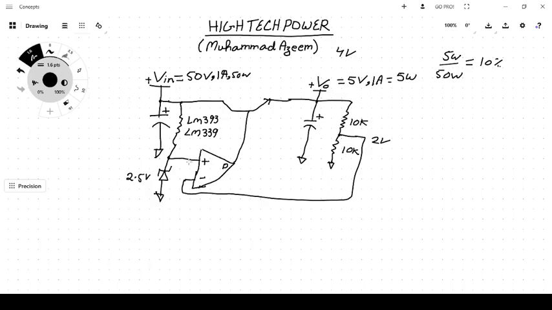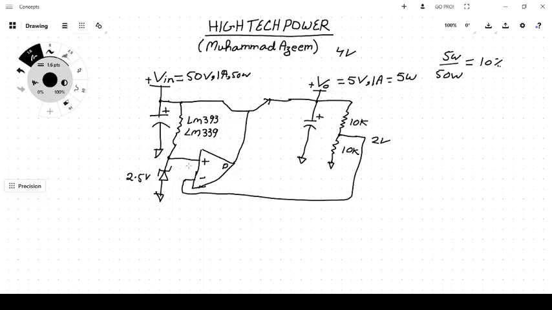The operating principle of the comparator is that if there is 2.5 volt on the positive terminal, and there is 2 volt on the negative terminal, as you can see in this case when there was 4 volt at the output, then at the negative terminal the magnitude of the voltage is less, and at the positive terminal the voltage magnitude is high.